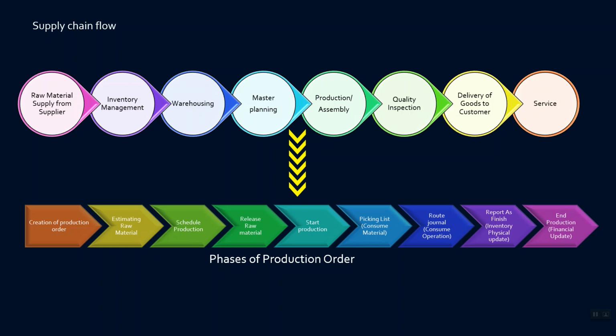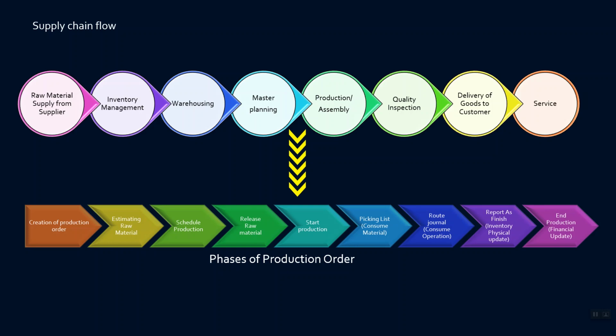At this stage, once your production order is created, you estimate for raw material. The estimation process is the step where your bill of material, which is a list of items required to assemble and produce the final FG, is used.